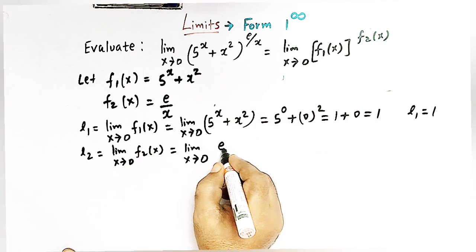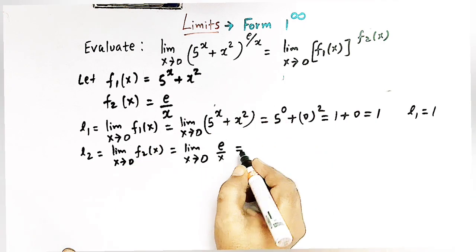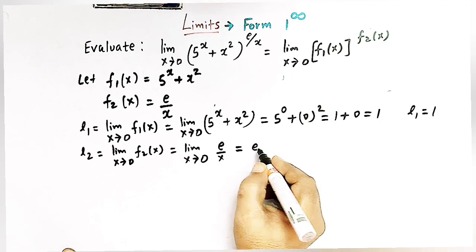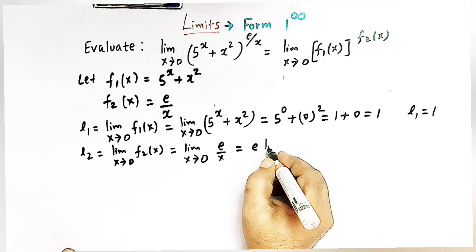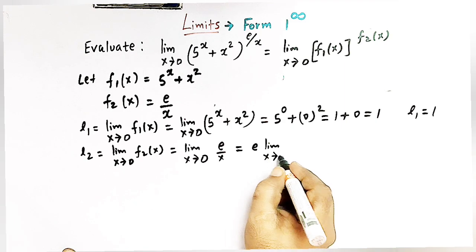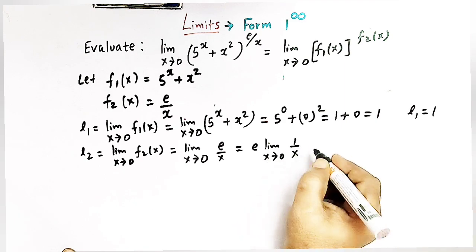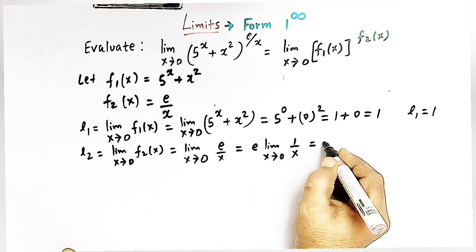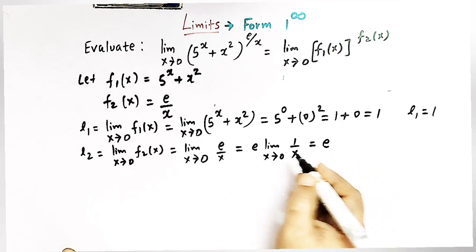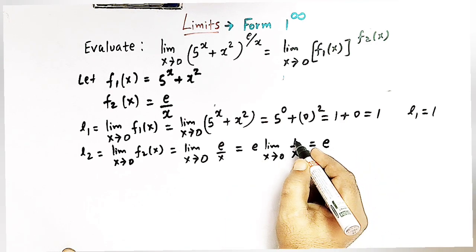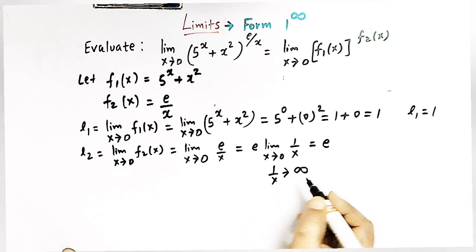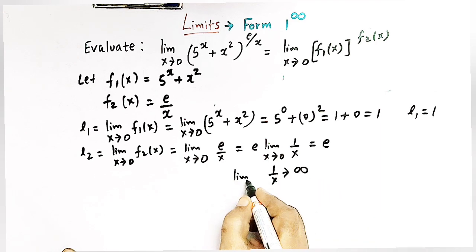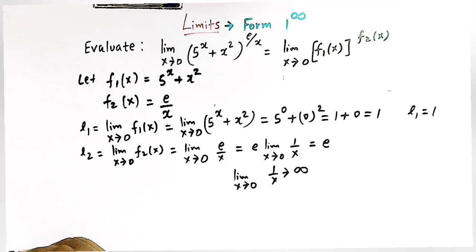And now L2 is given by limit x tends to 0, and f2(x) is given by e over x. Now e is a constant, so we can take it outside this limit notation. So we have limit x tends to 0, and here we have 1 over x. Now see, here we have e, and when x tends to 0, 1 over x tends to infinity, right?